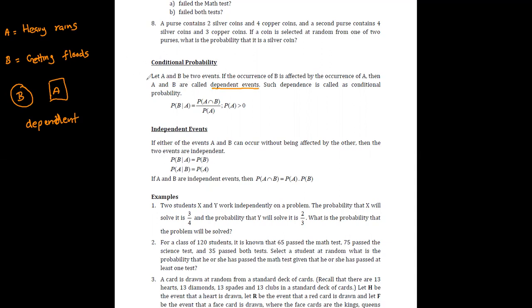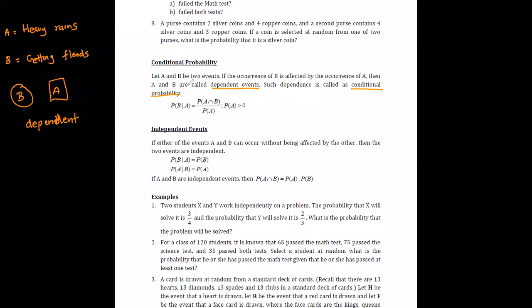For the dependent events, we define a concept called the conditional probability. Actually, we are finding, if you know that event A has already happened, what is the probability of happening of event B. That is the simplest idea behind the conditional probability.